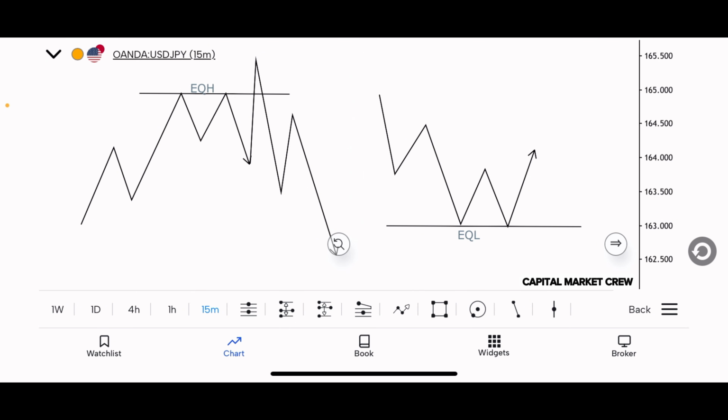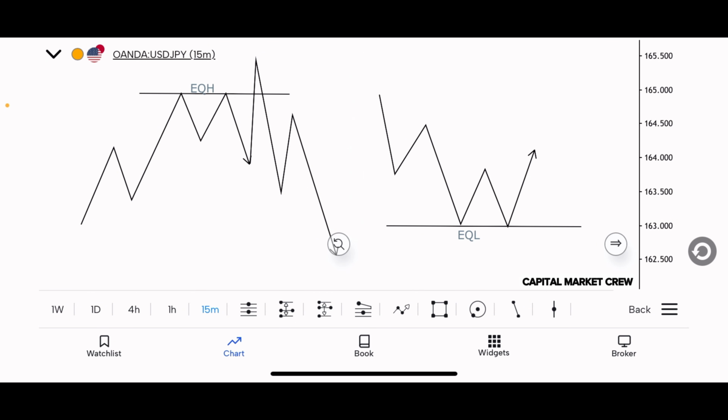So how can we use this to our advantage in the market? First of all, don't sell at equal high or equal low, because you have a higher risk of being stopped out. Secondly, we can use them to enter a position, or we can use them as targets.